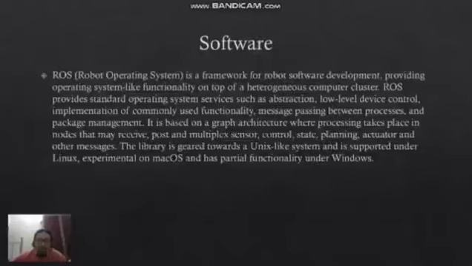It is based on a graph architecture where processing takes place in nodes that may receive, post, and multiplex sensor, control, state, planning, actuator, and other messages. The library is geared towards a Unix-like system, and it is supported under Linux, experimental on Mac OS, and has partial functionality under Windows.